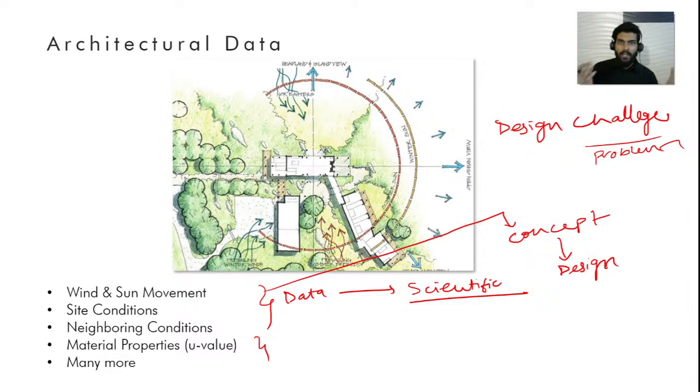Or the openings that we have designed in the building, how much air would the building take in, how much would it expel out, and all of that stuff. Again, the solar radiation, the shadow analysis, all of that is very technical in its own terms. So just to help you understand better, I'll name it tangible data, and you'll understand why I'm saying this. This tangible data is very scientific in nature.